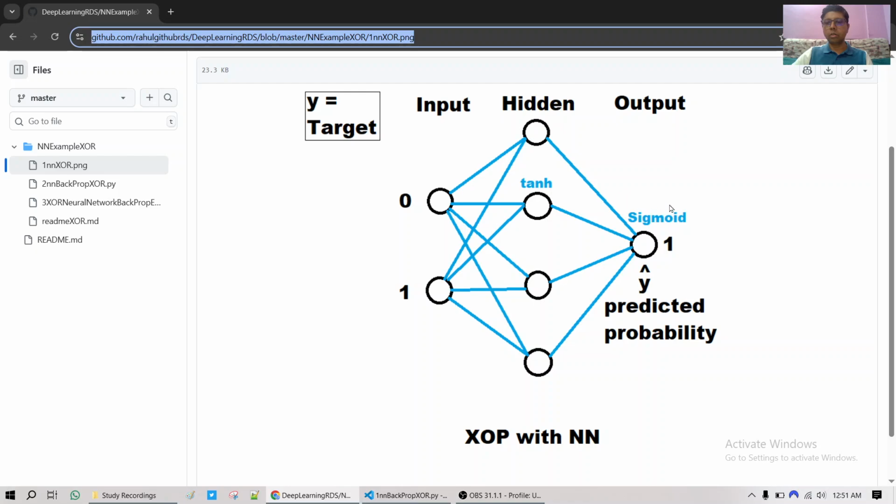That is, we call it y hat, right? And as we know, 0 1 leads to 1. So our target is y target, and we have y hat as some probability, maybe near to 1 or maybe near to 0. How we are going to deal with that, we will see.